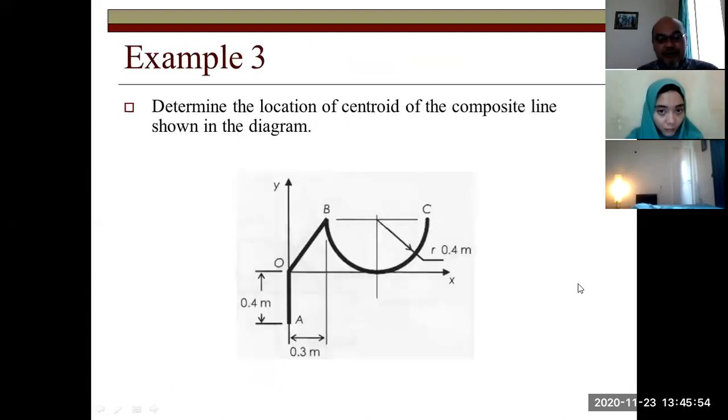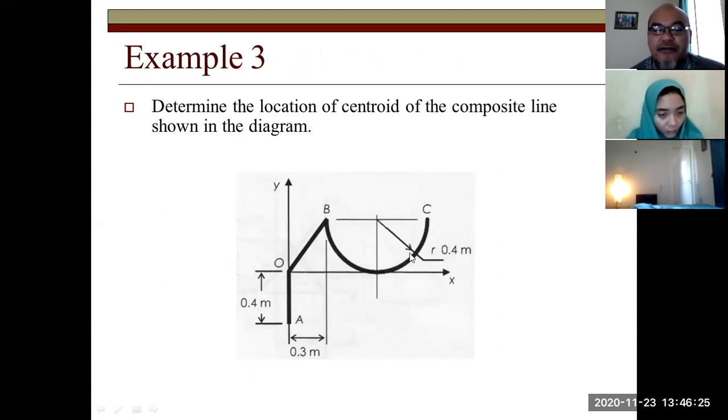So an example is given here. Determine the location of the centroid of the composite line here, consisting of a vertical line from negative 0.4 until 0, where the x coordinate is 0. Then a tilted line from O to B, from 0, 0 until here, this is 0.3, and the y coordinate is 0.4.